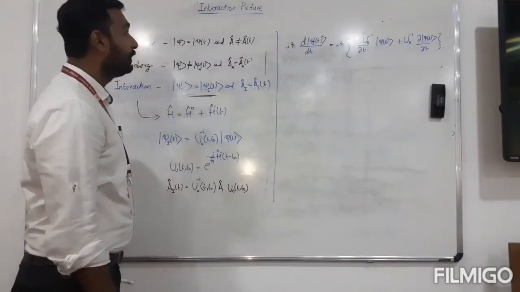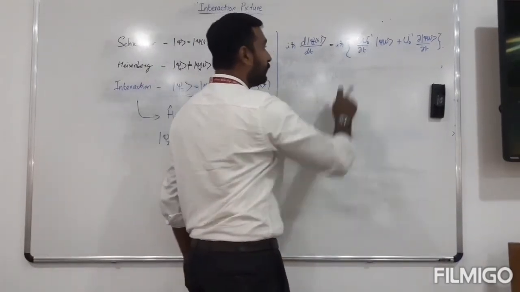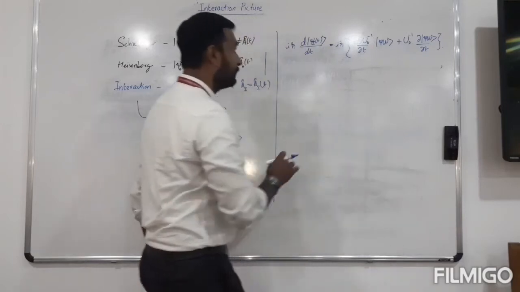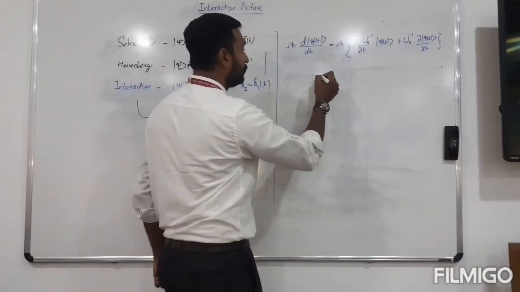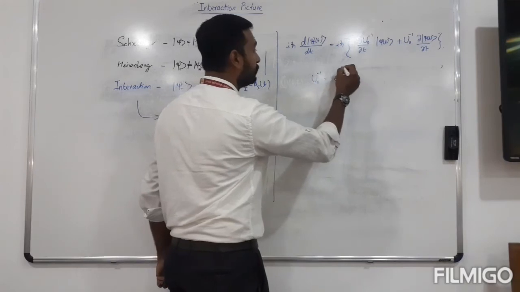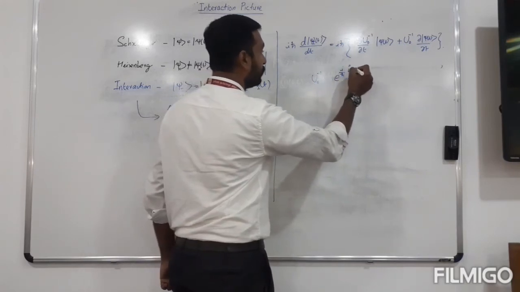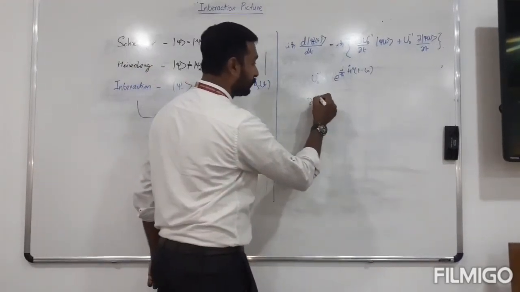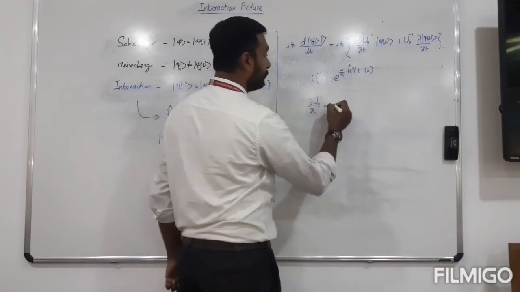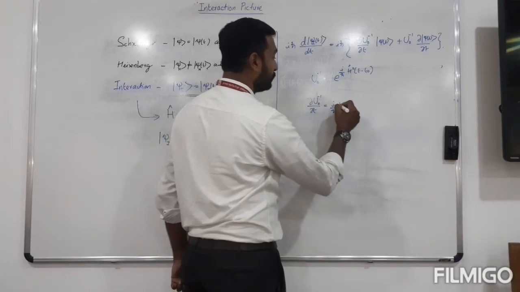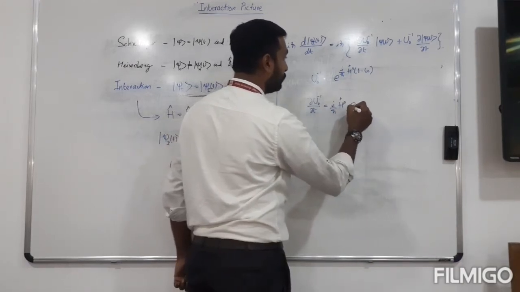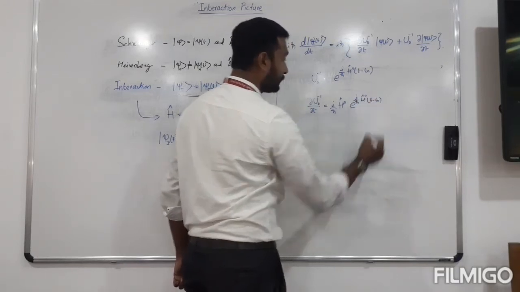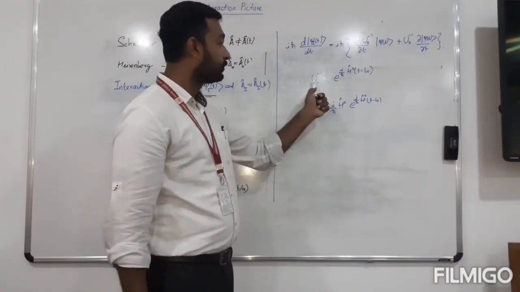Okay. Now what would be the derivative of U0 inverse? Okay, so that I will do in the next step, because we know that U0 inverse is e raised to i/ħ H0 (t minus t0), and hence ∂U0 inverse/∂t becomes i/ħ H0 e raised to i/ħ H0 (t minus t0), and this is nothing but again U0 inverse.